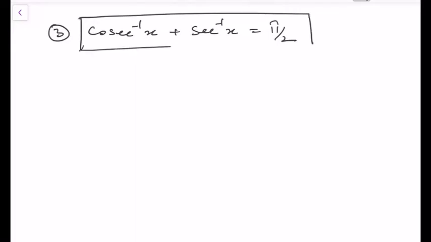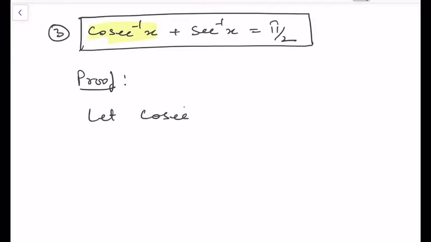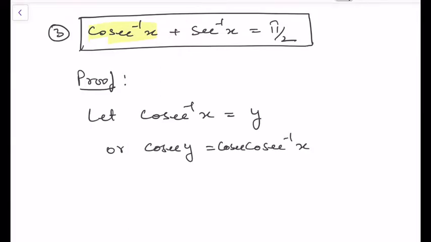Now our third property is cosec⁻¹x + sec⁻¹x = pi/2. Now to prove this, let cosec⁻¹x = y, or y = cosec⁻¹x. Now take cosec both sides. Then cosec(cosec⁻¹x) will be x. So cosec y = x.